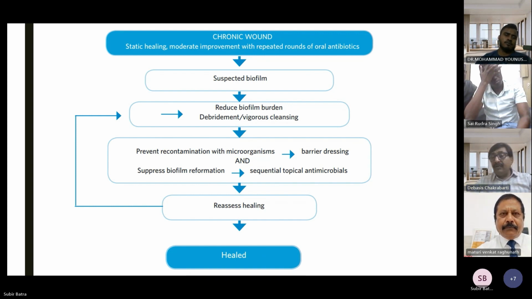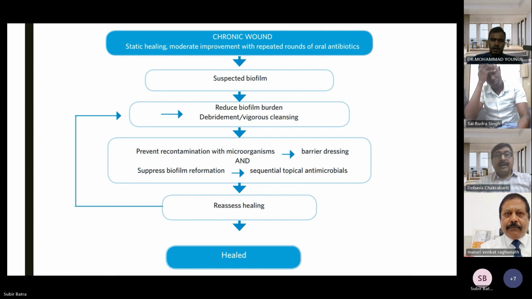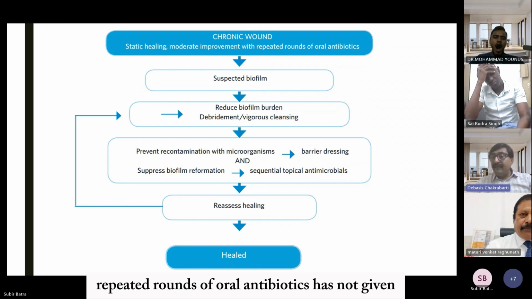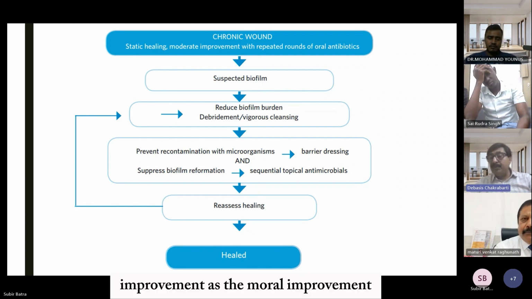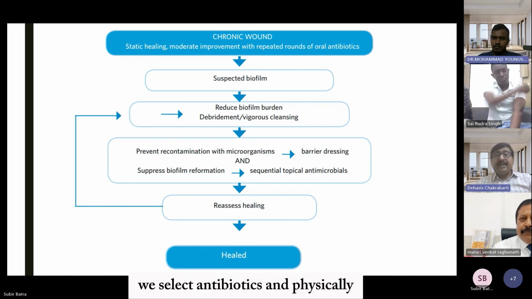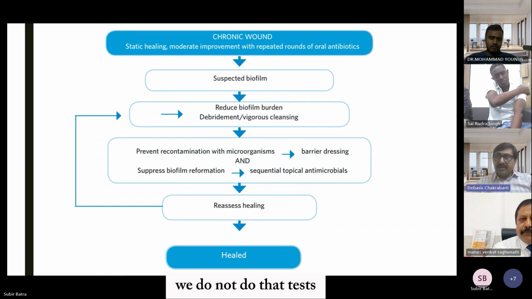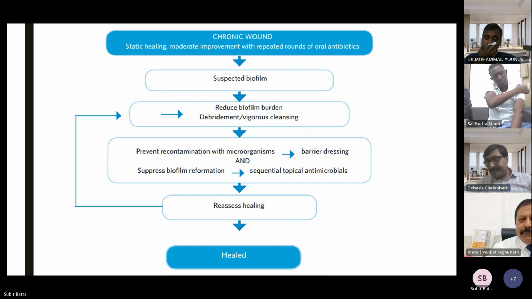In a chronic wound, what happens? The wound healing has been stalled. Repeated rounds of oral antibiotics have not given improvement, only a moderate improvement. One of the reasons is that in most cases we select antibiotics empirically. We do not do the tests.